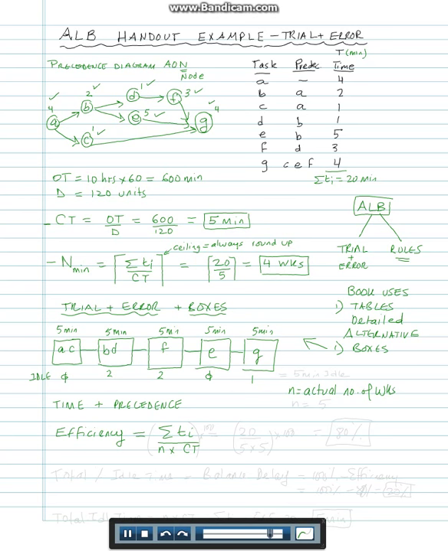So big N, min, was the theoretical number, and that was 4. But we ended up with an actual number of 5 workstations. So to calculate that, 20 divided by 5 multiplied by the cycle time of 5. And of course, we want to make it a percentage, so we have an 80% efficiency. This line is 80% efficient.